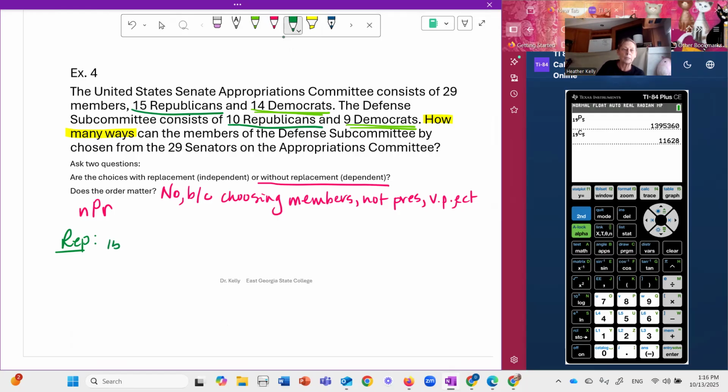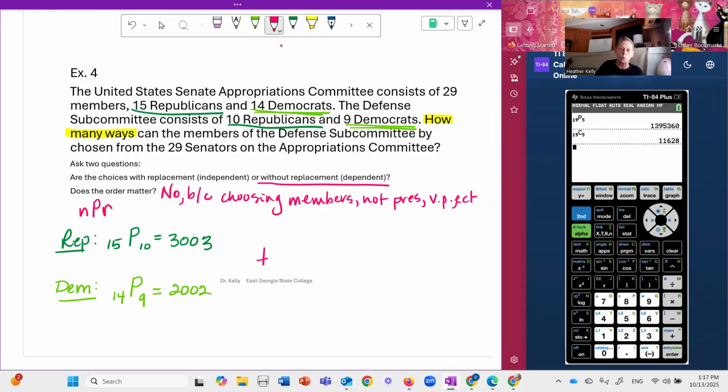That would be 15 P, and how many do the Republicans get to choose? 10. And then let's write out our Democrats here. We've got 14 P9, right? Those are the numbers that we were given here. And when we do that math for the Dems, we've got 2,002 ways to just choose the 9 out of the 14. And there are 3,003 ways to choose the 10 from the 15, but it asks us the total.